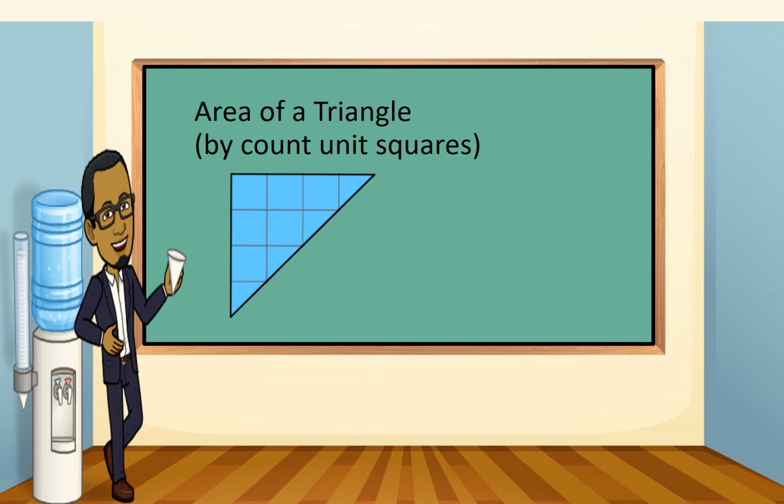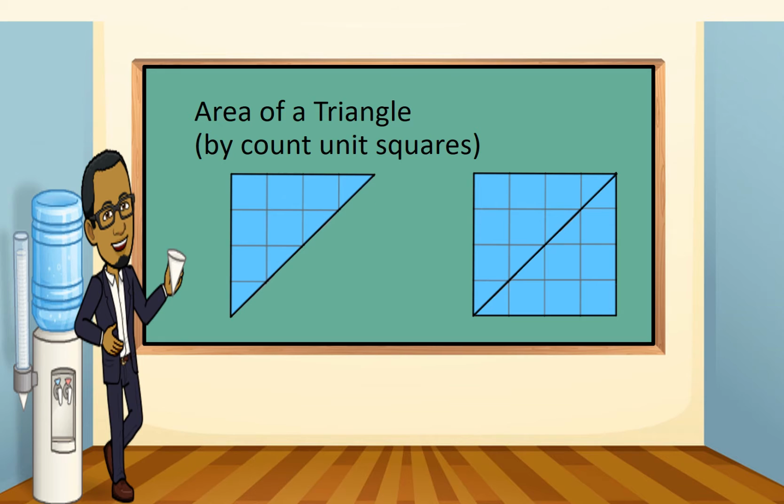Yes, you are correct. This shape is 8 unit squares. When we combine the 4 half squares, we get 2 wholes, and another 6 wholes gives us a total of 8 unit squares.